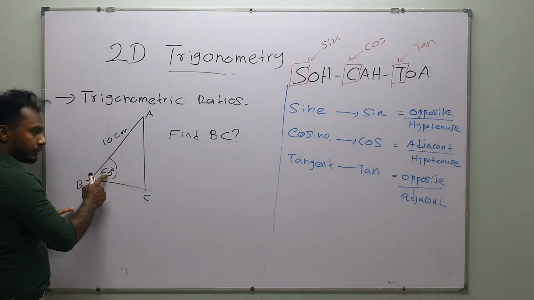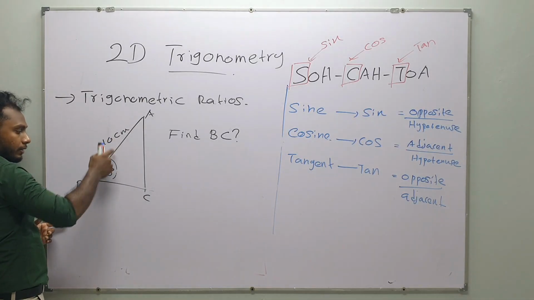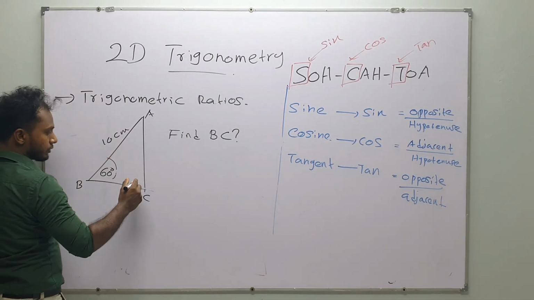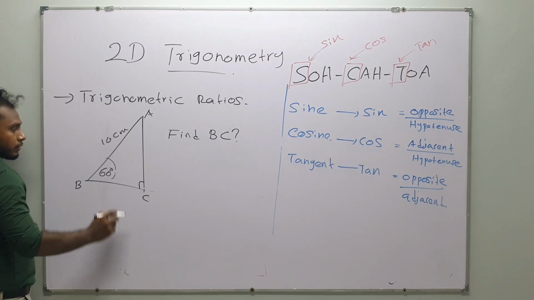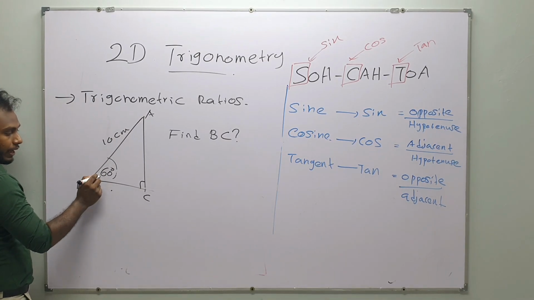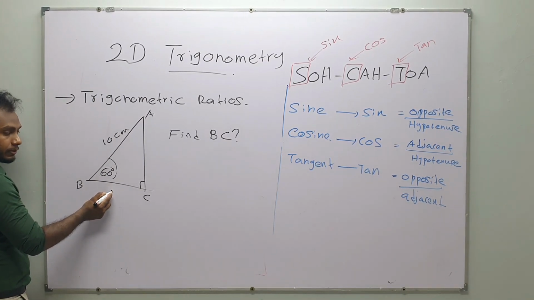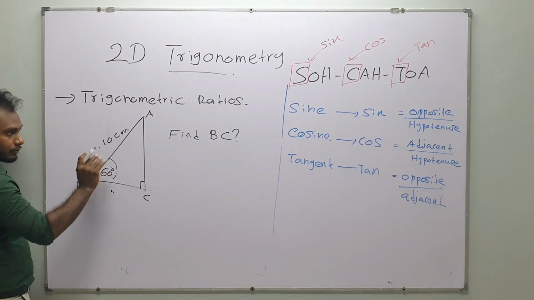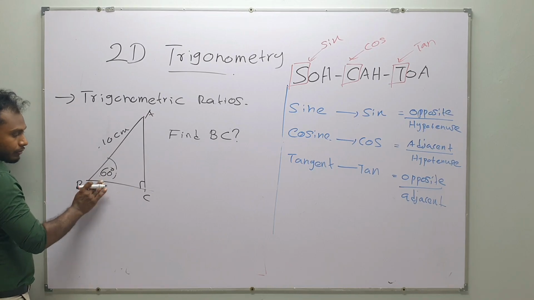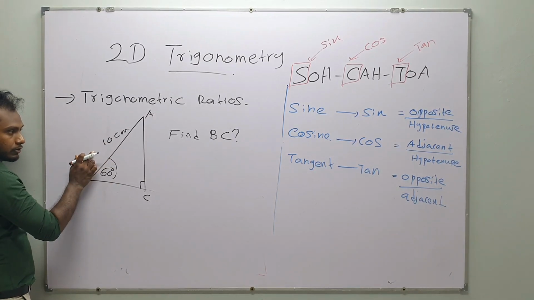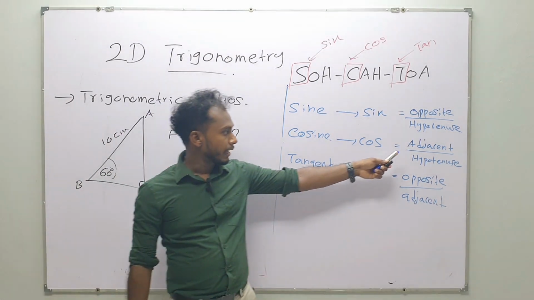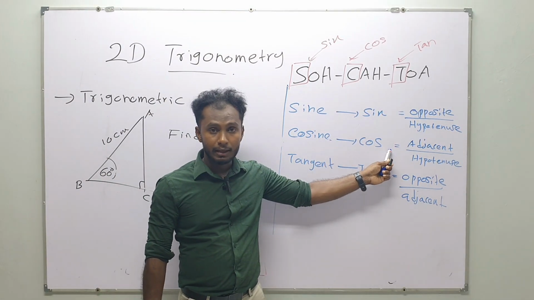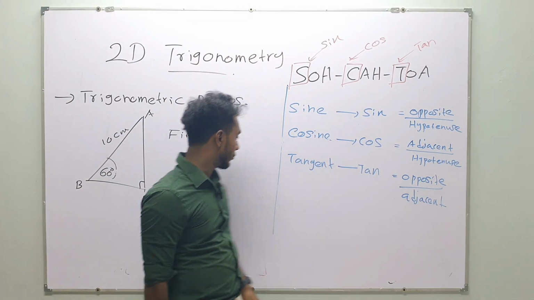But here the angle is given and one side, and this side is the hypotenuse because it is opposite to the right angle. To this angle, this is adjacent. So we know the hypotenuse and the adjacent is what we need. If we know the hypotenuse and the angle, one ratio is completed. What ratio do you have to use? Since you have to find the adjacent side, and you know the hypotenuse, that means you have to use the cos ratio.